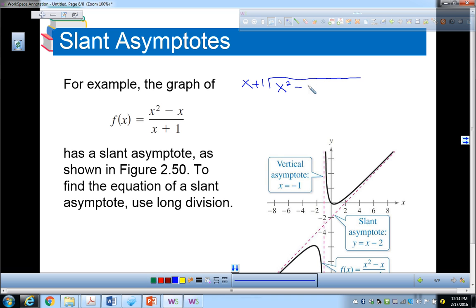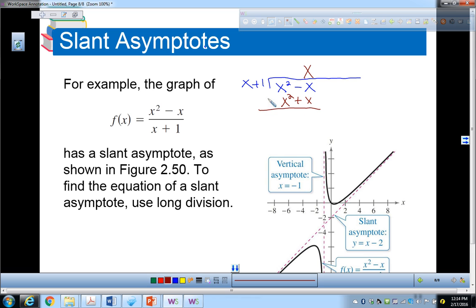If I were doing long division, the good thing is you only have to do 2 steps, because the bottom has degree 1. What do I multiply x plus 1 by to turn it into x squared? What goes up here? x. So you put an x up here, because x times this makes x squared plus x.